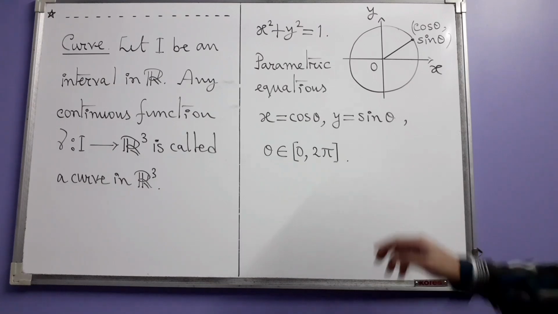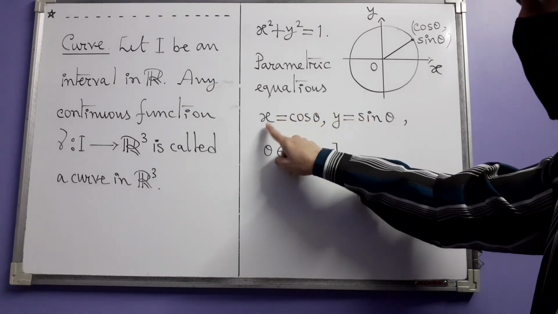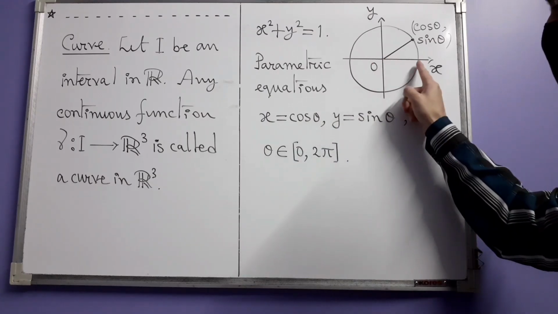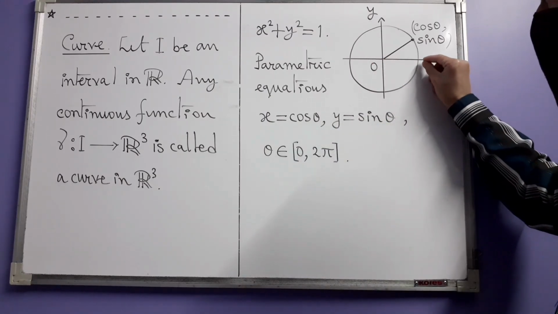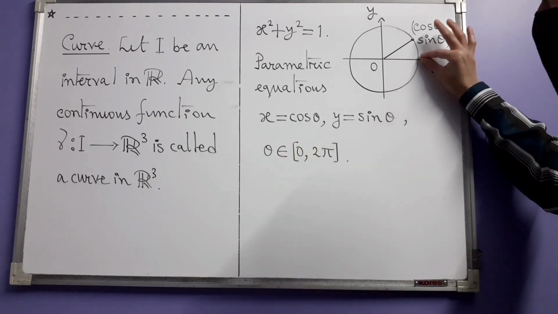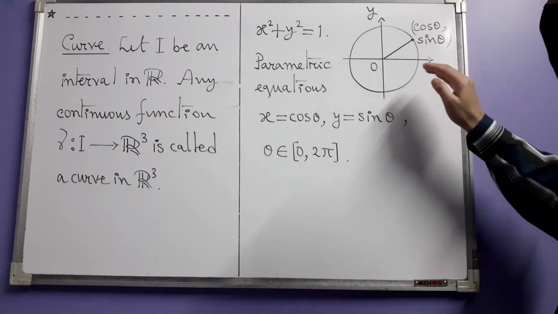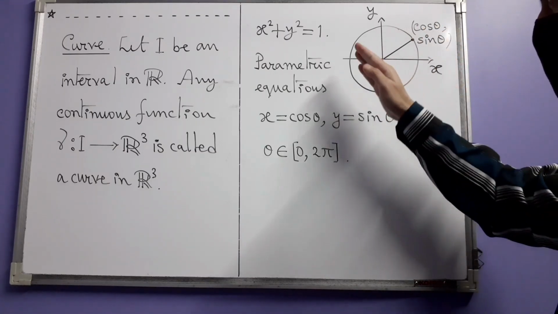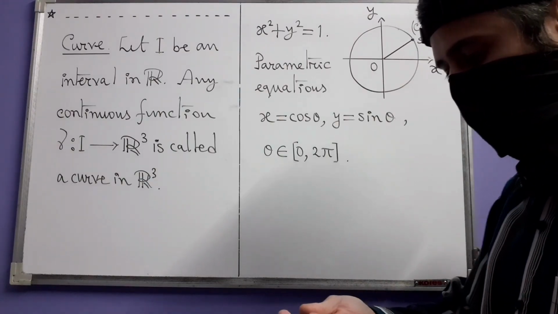Because you can see, if you take theta equal to 0, cos 0 is 1, so x coordinate is 1 and sin 0 is 0, so y coordinate is 0. So that means corresponding to theta equal to 0, you are at this location, which is the intersection of this circle and the x-axis here, not that one.